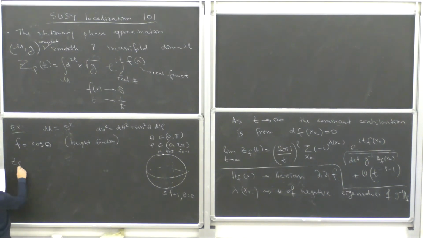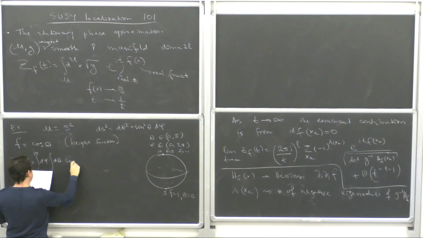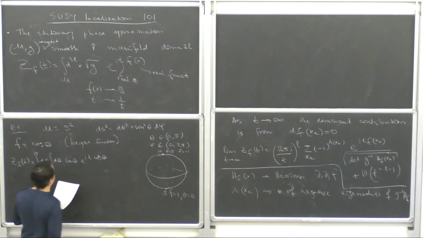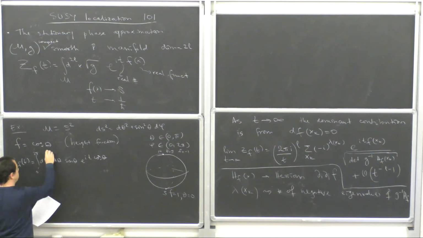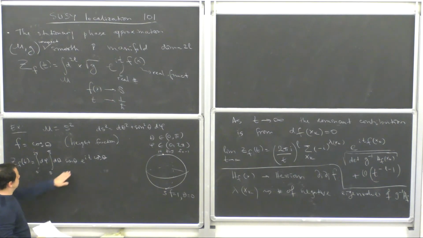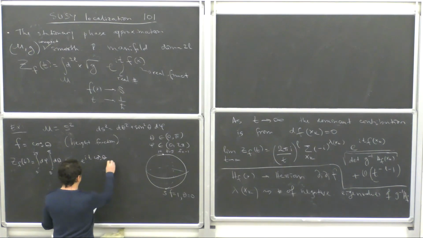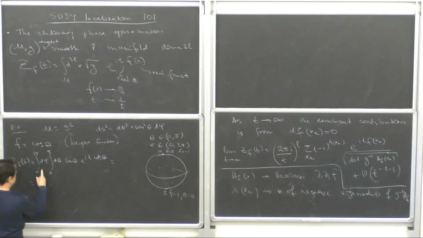This is not hard, but I'll be explicit just to emphasize a few points. Right, so square root of g is sine theta, and I'm integrating over the two coordinates. I'm really following that prescription. And then this is an integral that even I can do, right?